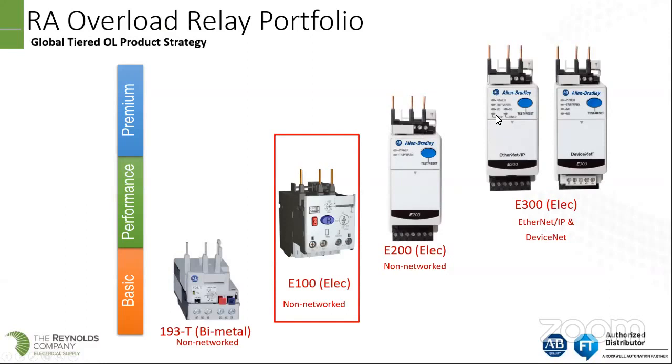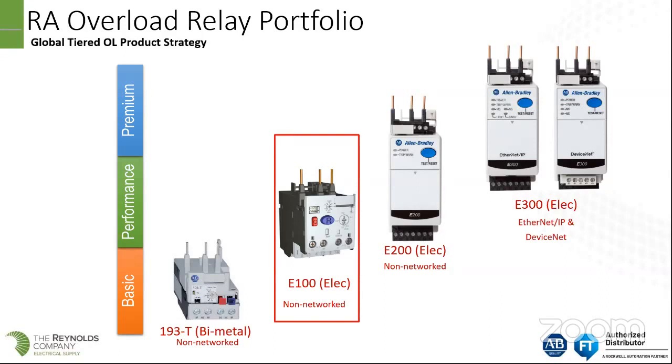So this slide provides a good overview of the current portfolio for the solid state overload relays. You can see that we have the basic, performance, and premium overloads, very similar to what you see in the marketplace. The 193 T bulletin is the traditional bimetal overload, not solid state.